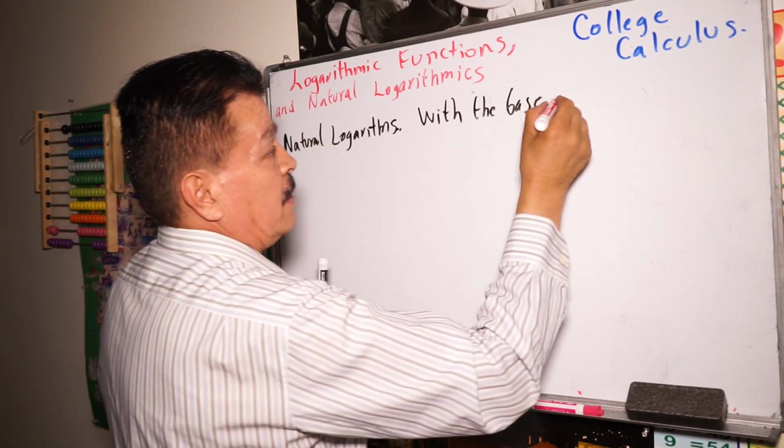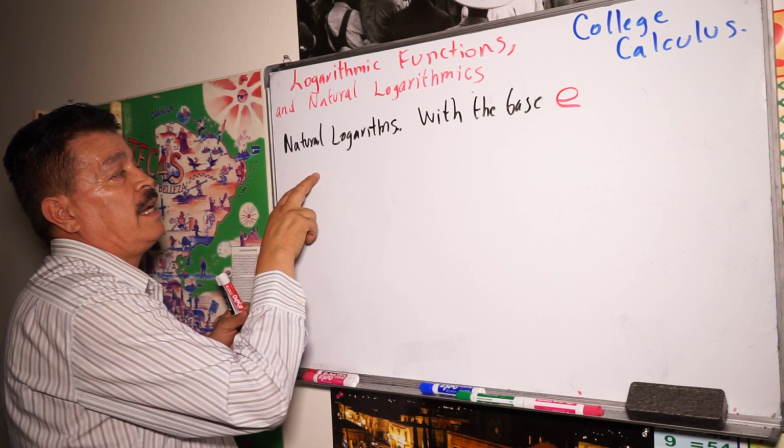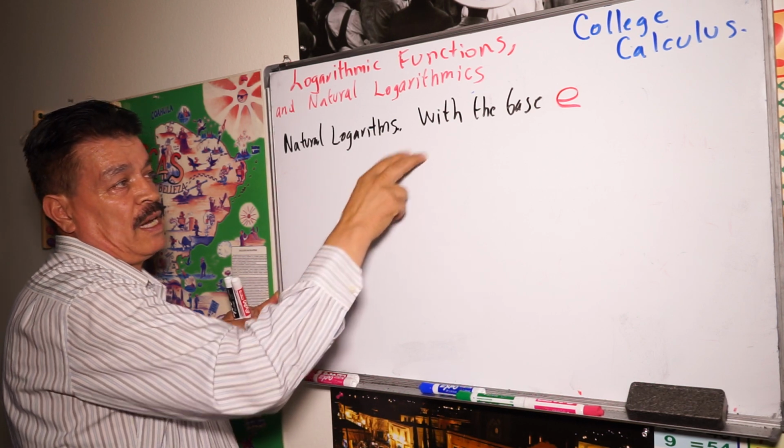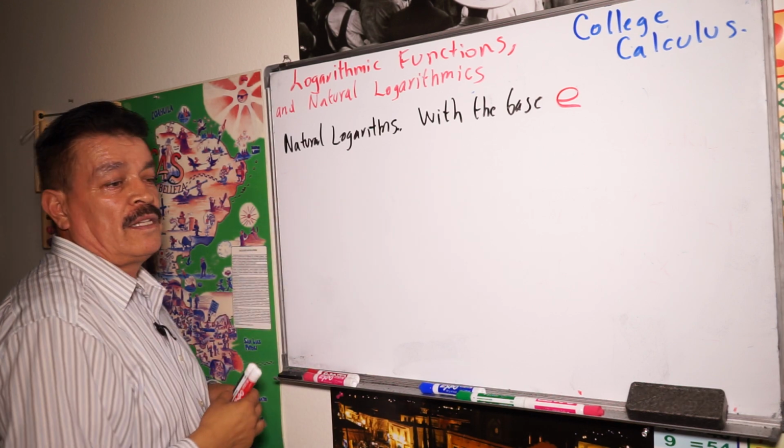So when you have some problem with the base e, we call this natural logarithms.